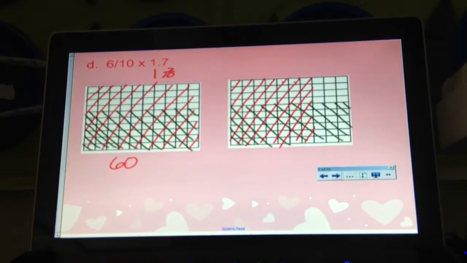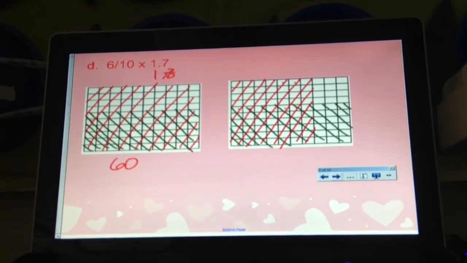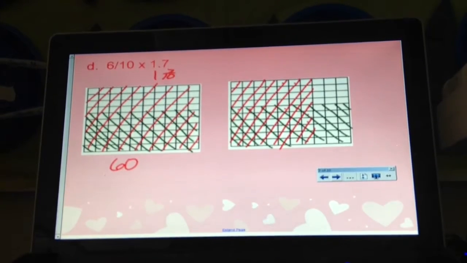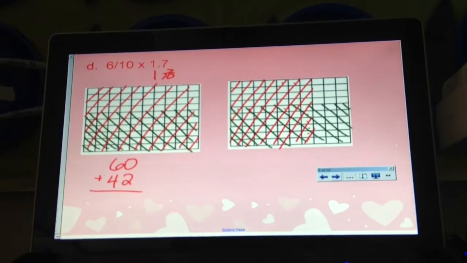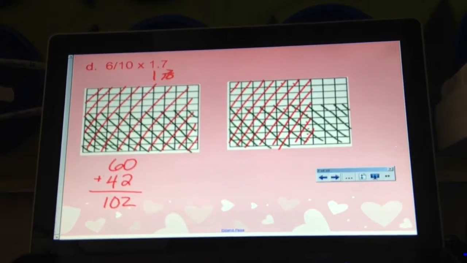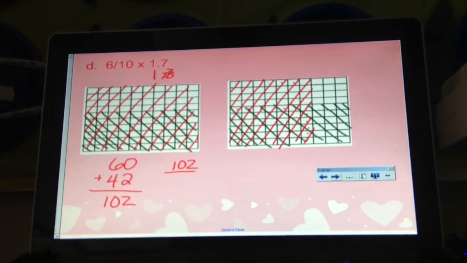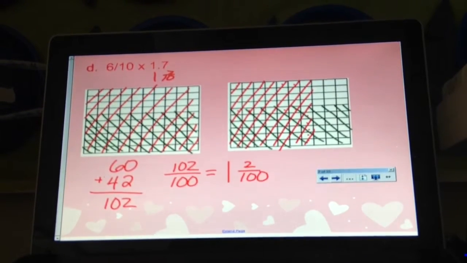Over here at the overlap, I have 7 times 6. 6 times 7 is 42. So if I add those two together, you get 102. So I have 102 hundredths. If I wanted to convert that to a mixed number, it would be 1 and 2 hundredths.